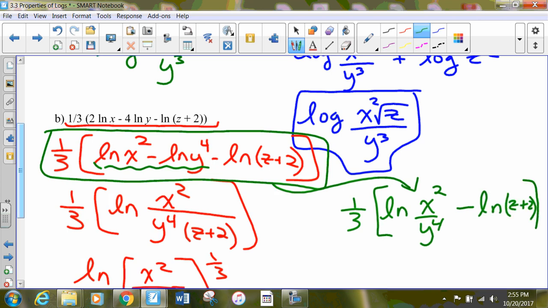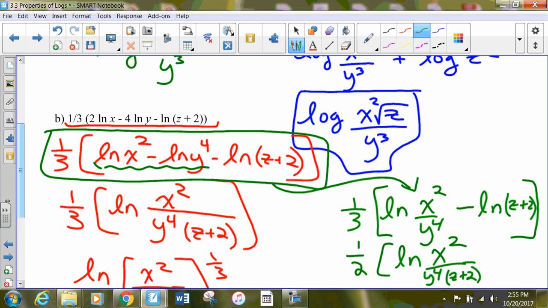Okay. When I look at that, I know that this is going to be divided by that. So that's going to mean that I've got the z plus 2 on the bottom. If I were multiplying it by the fraction x squared over y to the 4th, I'd end up with the z plus 2 on the top.